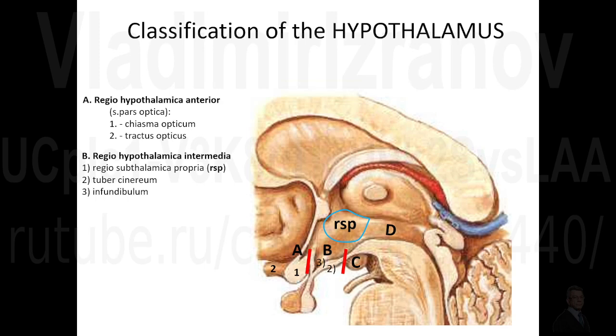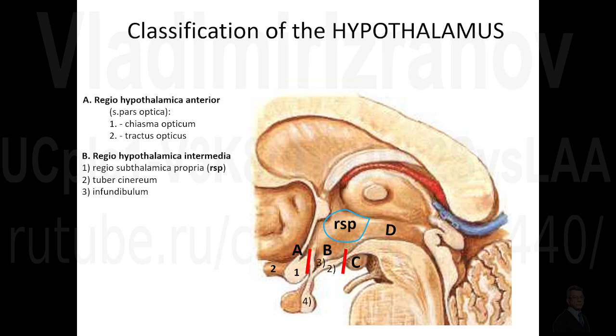Attention that infundibulum and tuber cinereum practically are the same structure, viewed from the inside, from the cavity of the third ventricle, and from the outside, from the basis of the brain. So practically, they are the same structure.